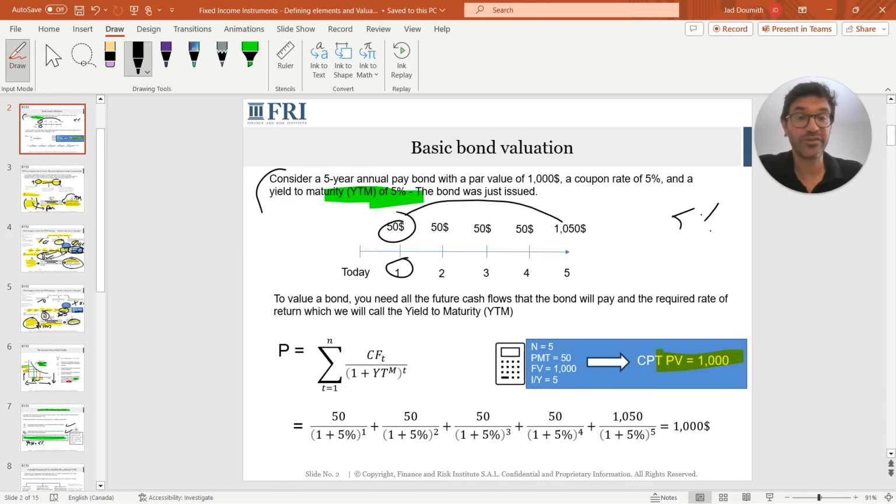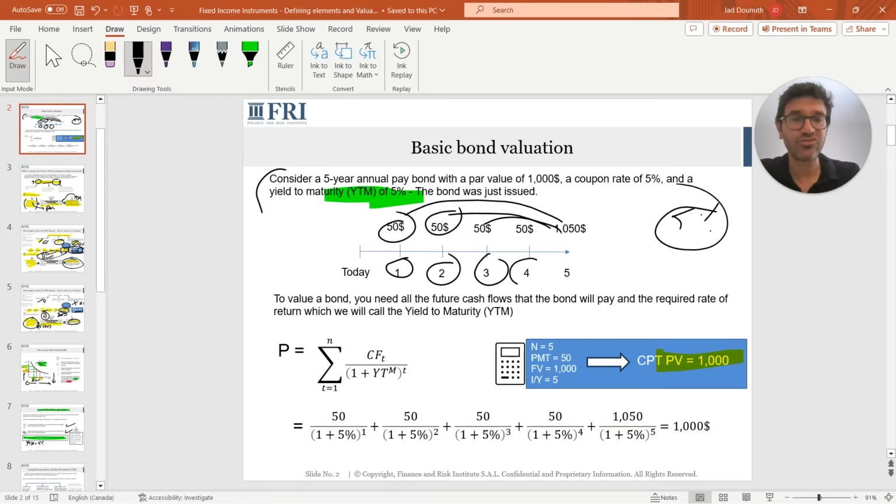Or else it's not the same because you're taking more risk. Continuing the idea, the second coupon that you earn at the end of year 2, you must succeed in reinvesting it for the remaining 3 years at 5%. Every single cash flow that you earn must be reinvested at the yield to maturity.